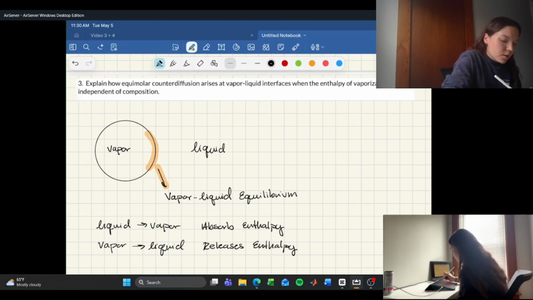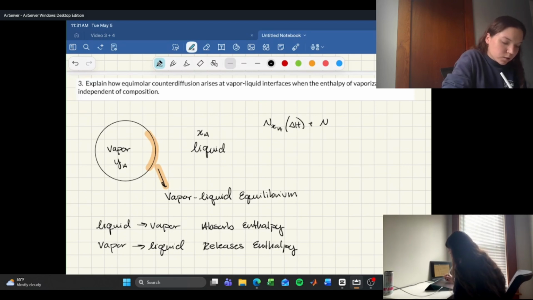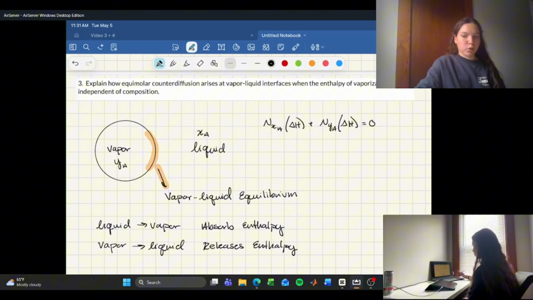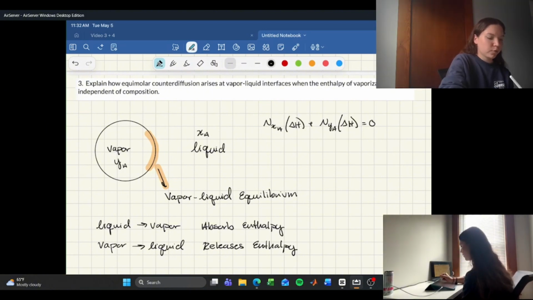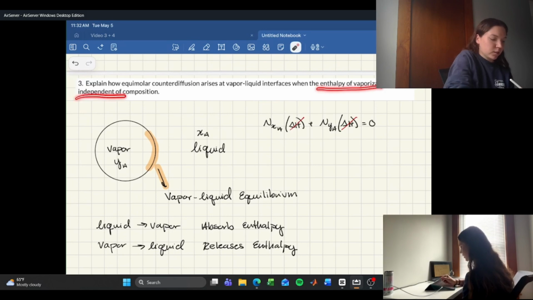So we're going to have that the molar flux of component A is going to be XA, because the liquid is going to be X, vapor is going to be Y, times the change in enthalpy plus the molar flux YA times the change in enthalpy is going to be equal to 0 because it's in equilibrium. And then, like we just said before, this change in enthalpy is going to be the same. So that means that the enthalpy of vaporization is independent of composition.